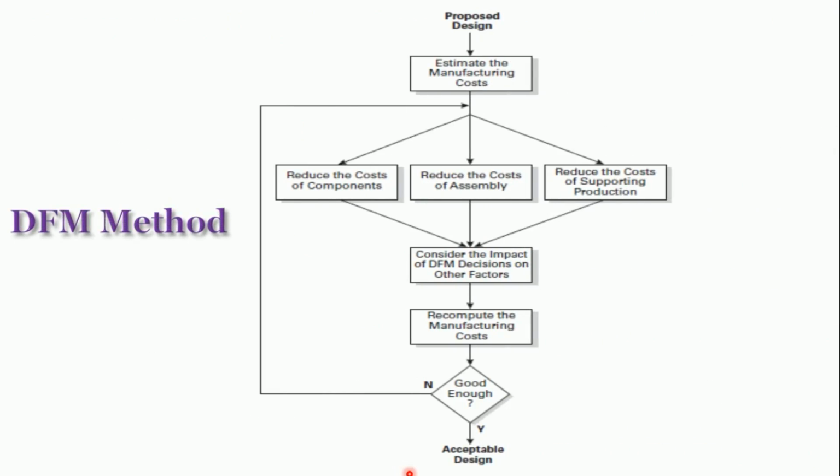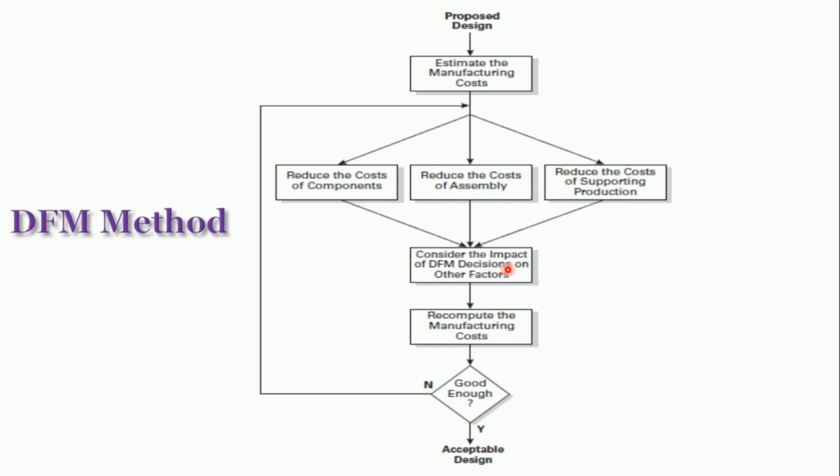Now, what are the DFM methods? Here we study this flow diagram of the DFM methods. In the next lectures we will discuss the DFM methodology in detail; this is an overview of the DFM process. Here is the proposed product design. The first step is to eliminate manufacturing cost. The second step is to reduce the production cost, the cost of assembly, and the cost of supporting production.